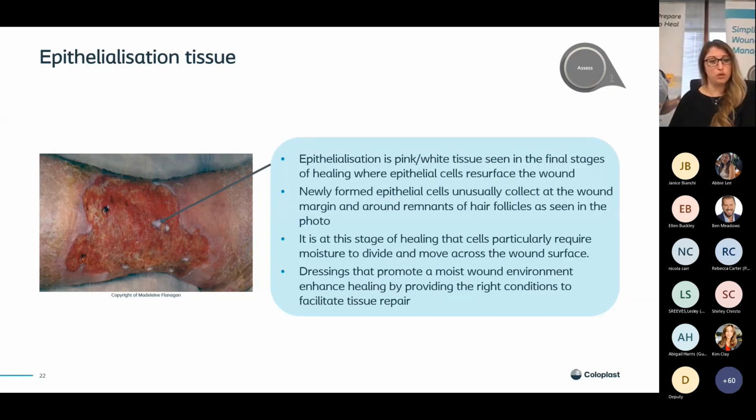We need to make sure that our wound is nice and moist to let those cells migrate across that wound bed with ease. And we need to make sure that the wound management that we provide for that patient, so our dressings, promote that wound environment and enhance the healing.